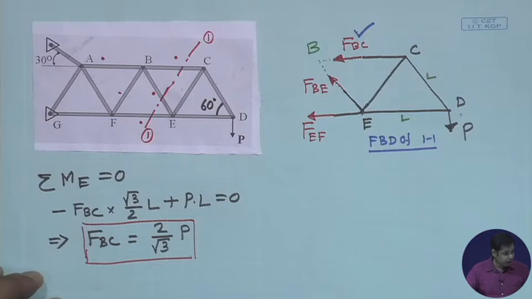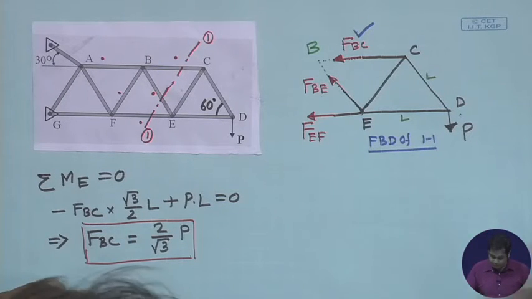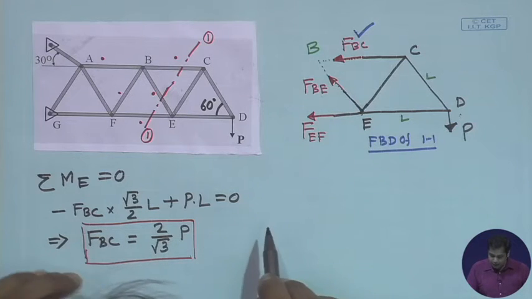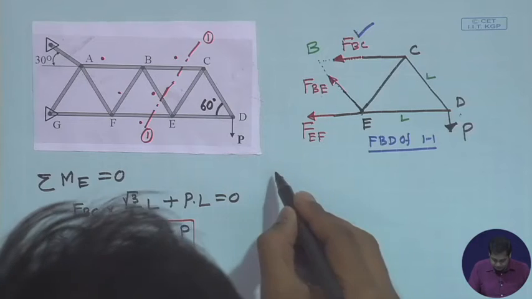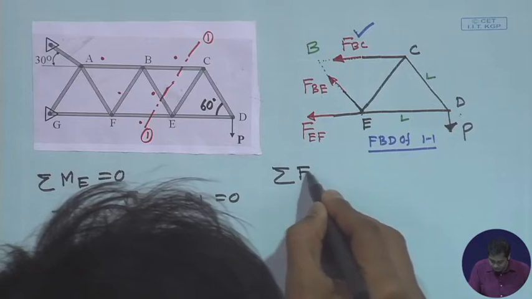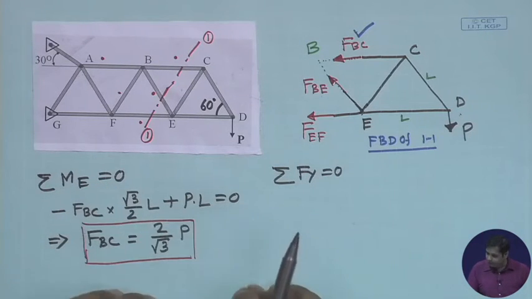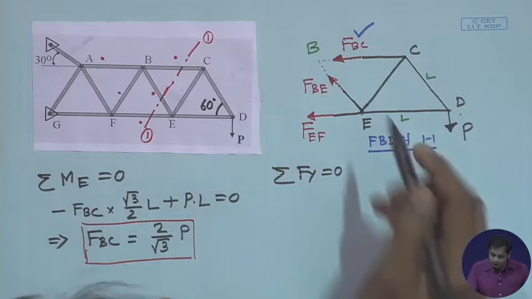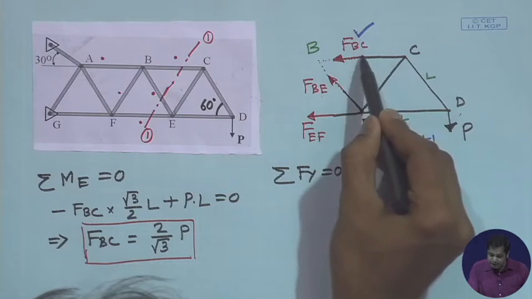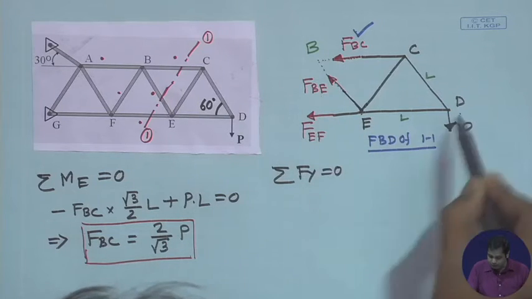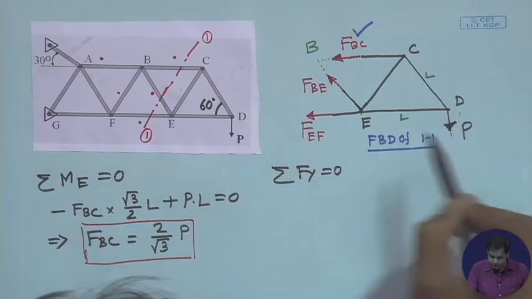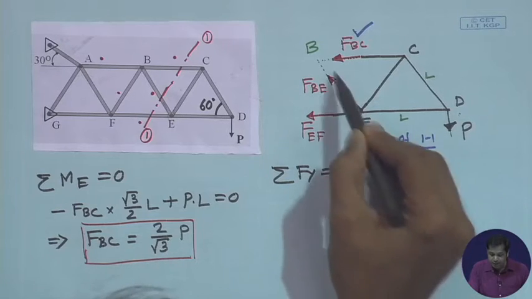Now what we next need to determine is the member force in BE. If we take summation of Fx equal to 0 and summation of Fy equal to 0, what are the forces that will contribute? F_BC is in the horizontal direction, so it won't contribute. P will contribute, it is in the vertical direction, and the vertical component of BE will contribute.